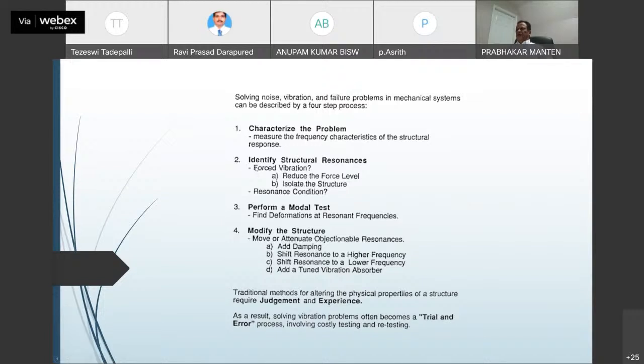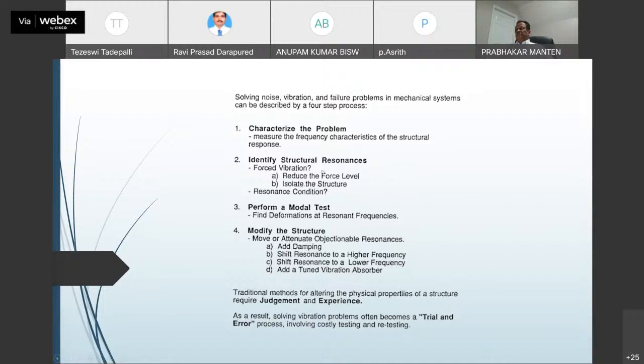Then identify the structural resonances. Is it because of a forced vibration, some external force causing sharp spikes which you believe are resonant frequencies, but which are not?